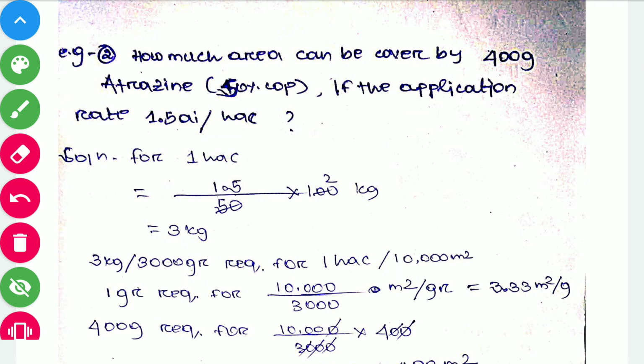So for 1 hectare, the required rate of active ingredient is 1.5. The active ingredient in the herbicide is 50. So it will be 1.5 by 50 into 100, which comes to around 3 kg.